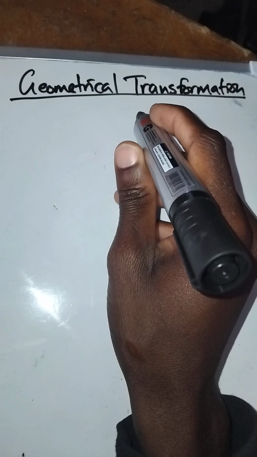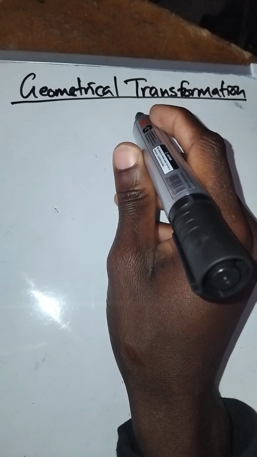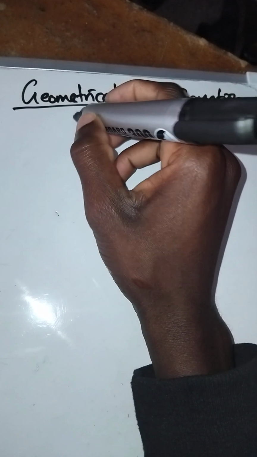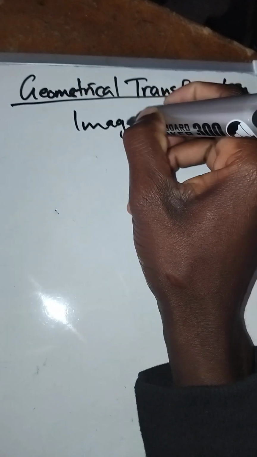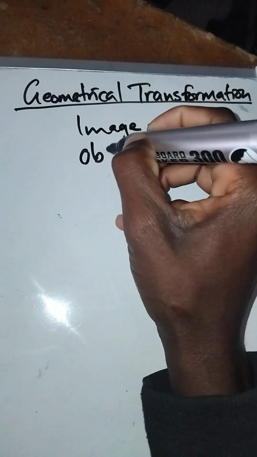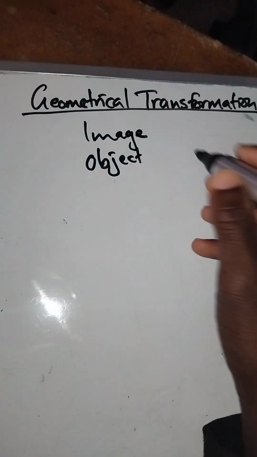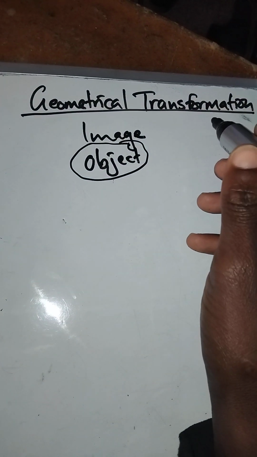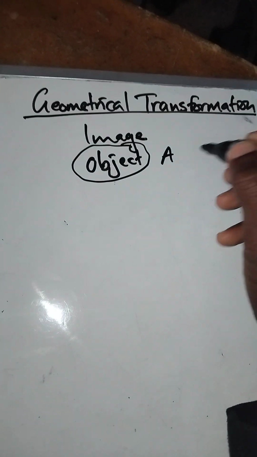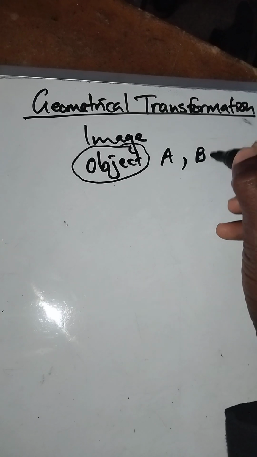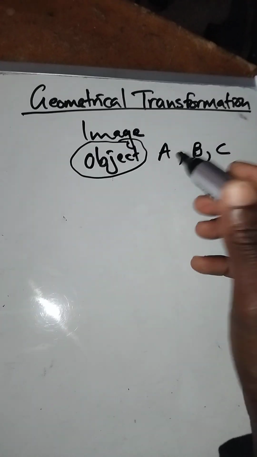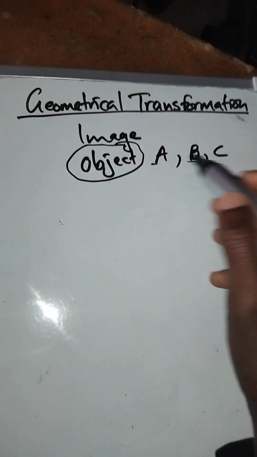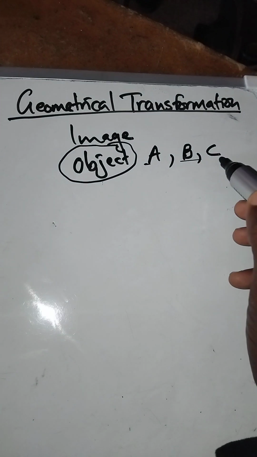So, introduction to transformation. We are dealing with image and object. So object, for example, we have point A, point B, point C. This is the object, the original shape.